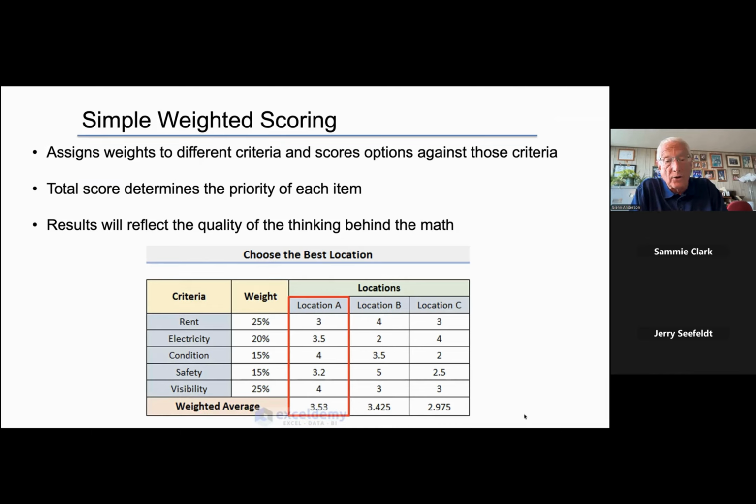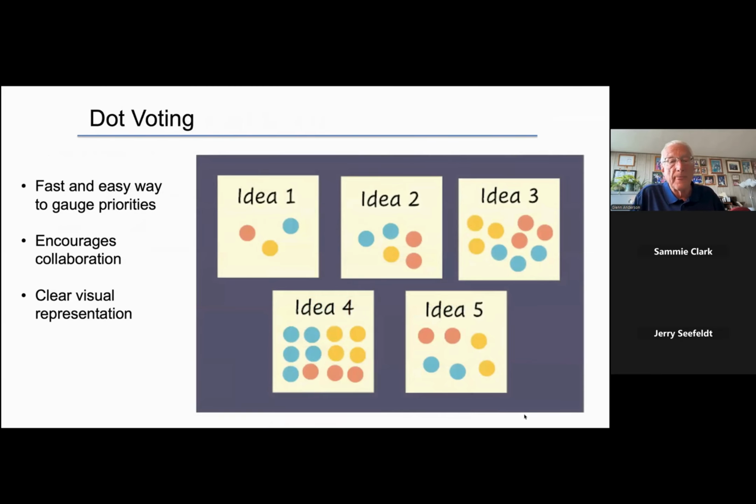And when I add all those up, I get a weighted average for location A, B, and C. So this works well when you've got stakeholders to give you the criteria, when you've got a team discussion perhaps going on, because this forces you to identify criteria and then also to weight the criteria as you're doing the prioritization.